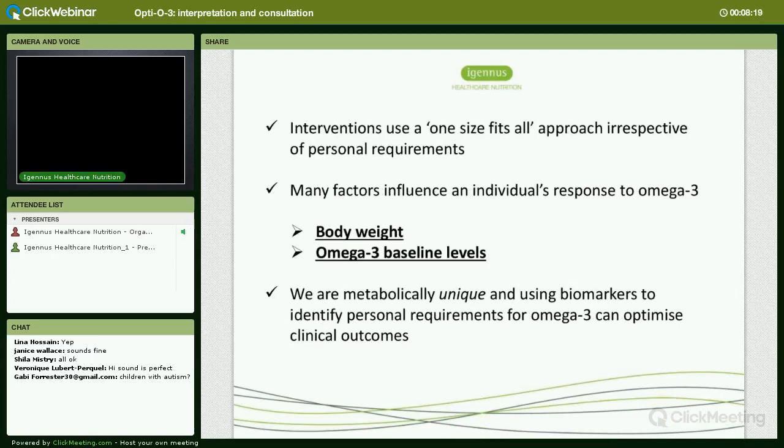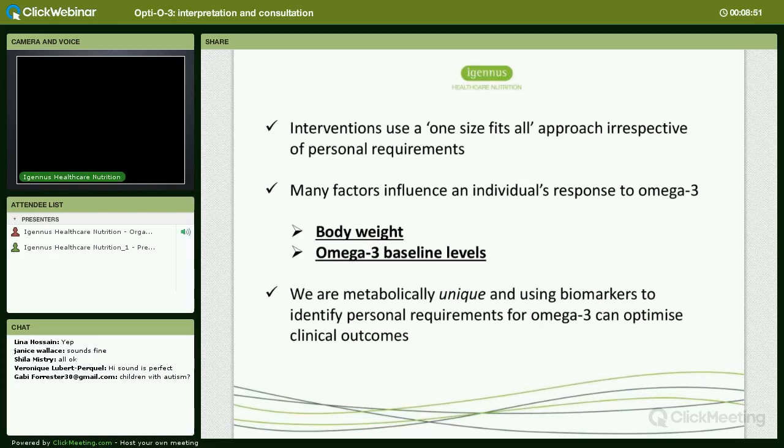Okay, so part of the reason is that if we look at interventions, the majority of trials adopt a one size fits all approach. You take a population of people and you treat them with set amounts of omega-3, and then you follow them and find out what happens. At the individual level, if we're looking at clients and patients, we usually focus on manufacturer recommendations.